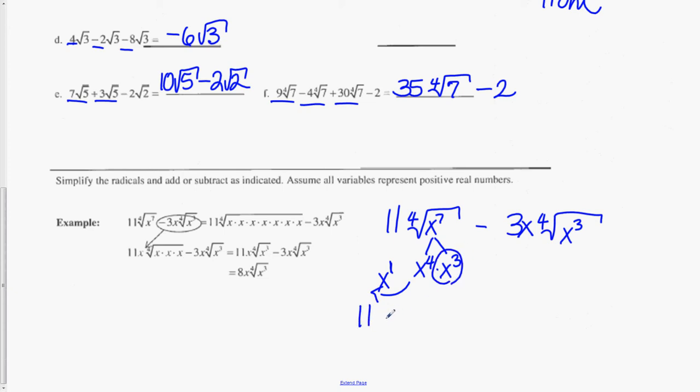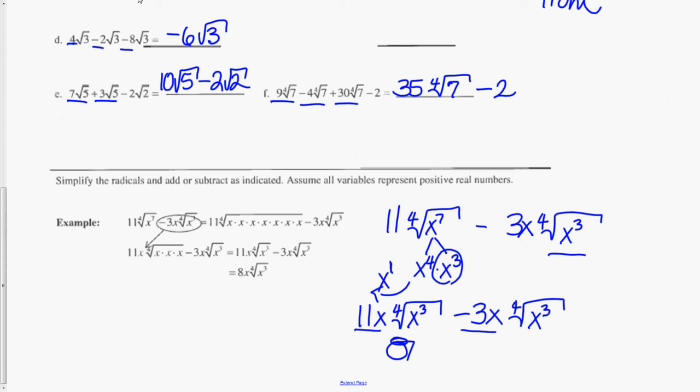So I have 11x fourth root of x cubed. Well, now if you look at the second term, it's a fourth root of x cubed. So now they match. So minus 3x fourth root of x cubed. Now, it just so happens that I can take 11x minus 3x. 11 minus 3 is going to give me 8.